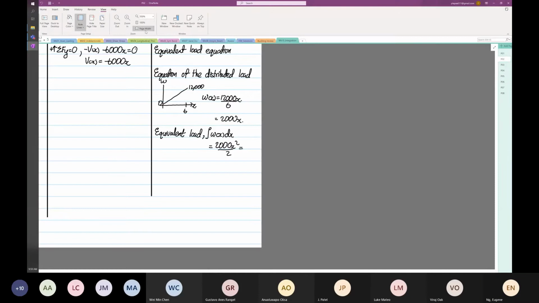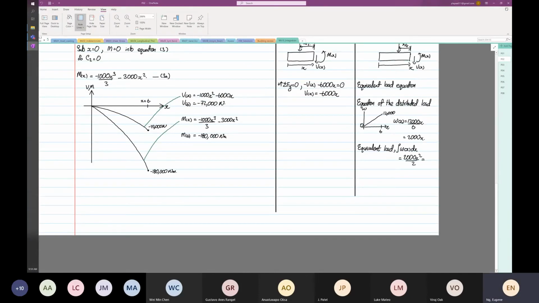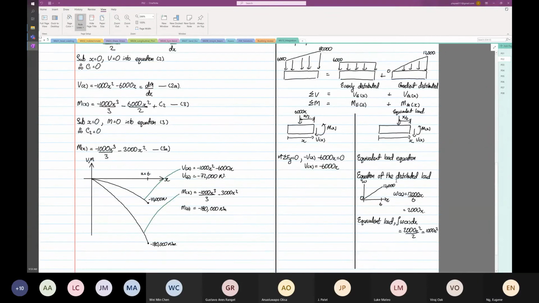View page width. Okay. So the equivalent load now is equal to 1,000 x squared. So that's the equivalent load. From here, we know that this is equal to 1,000 x squared.